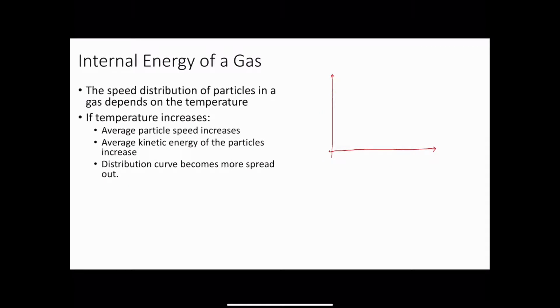Particle speed is going to go along the bottom, and our proportion of particles with a given speed is going to go up the side.